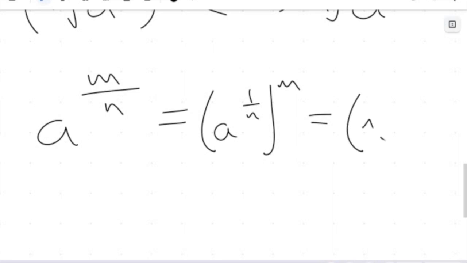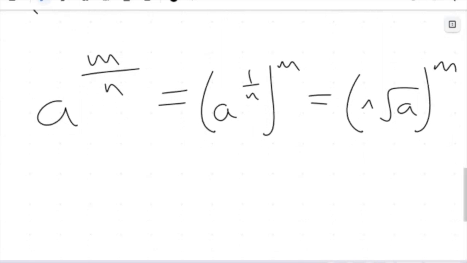I can write this as a to the power of 1 over n, to the power of m, or I can write this as the nth root of a to the power of m. This is the exact same thing, and this is a way now I can write these fractional indices.